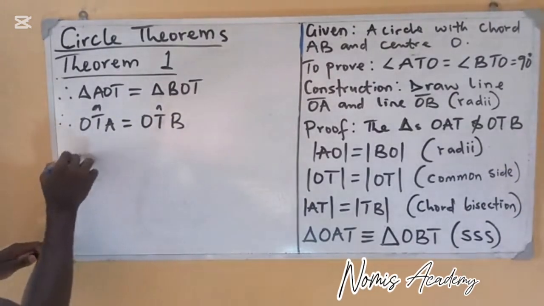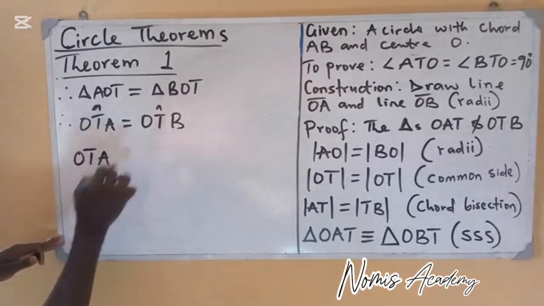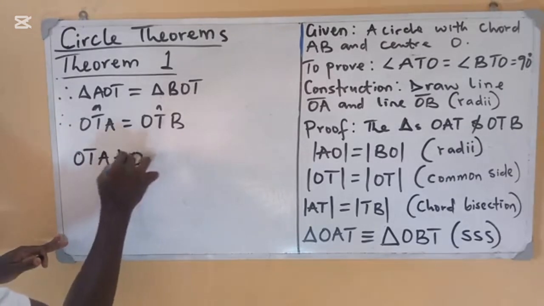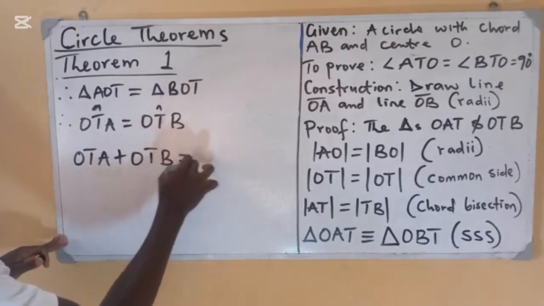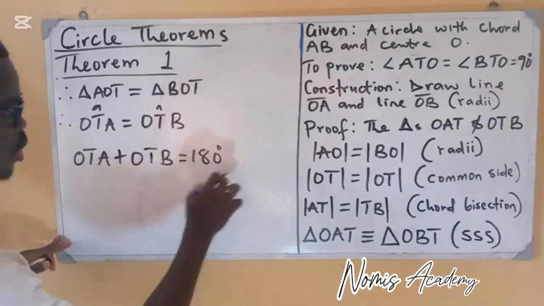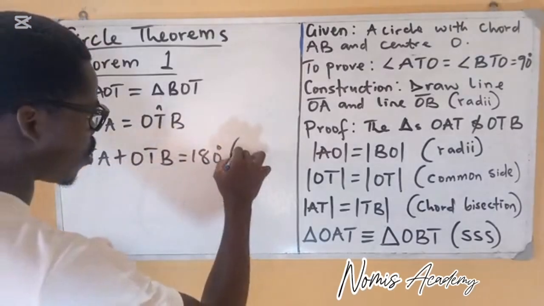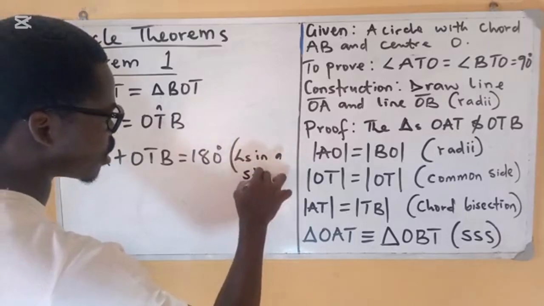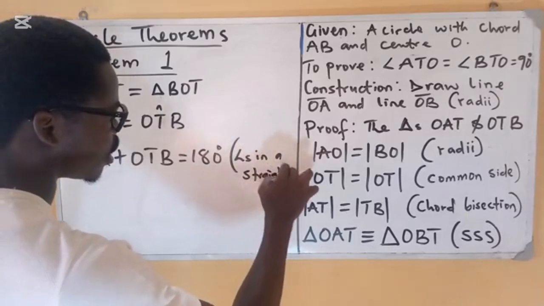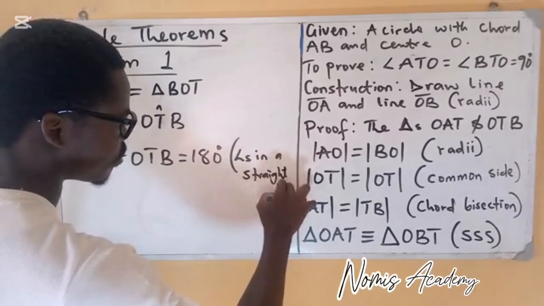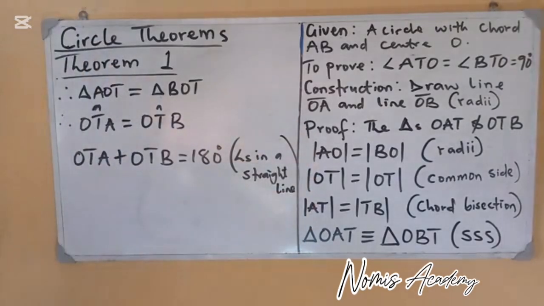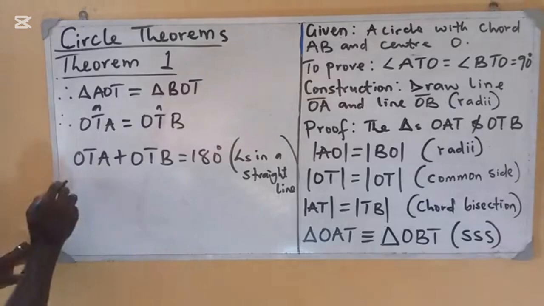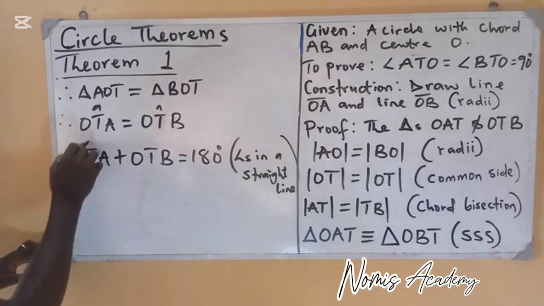So we still proceed to say that OTA plus OTB is equal to 180 degrees. That is sum of angles in a straight line. So from there, each of them can be written as follows.